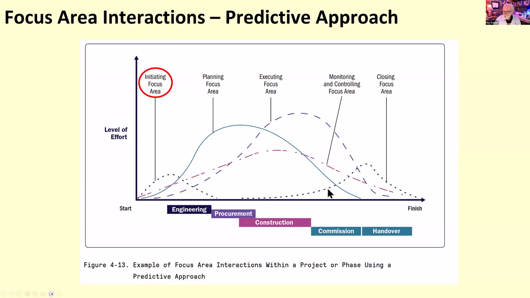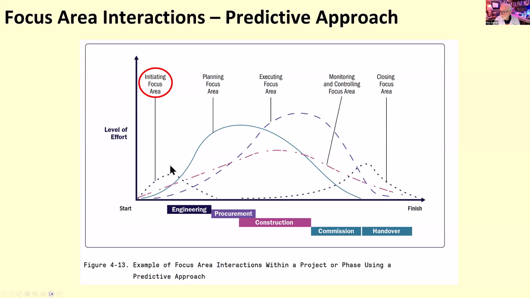But as I mentioned, a lot of work gets done as we're going through these things. So we have this initiation, it goes up and comes down, but you can see we start planning. We maybe even start executing the project a little bit. We might have developed some value that we can deliver, like a prototype or a working model that we can deploy and get some feedback on.